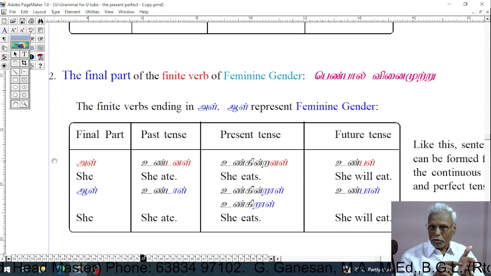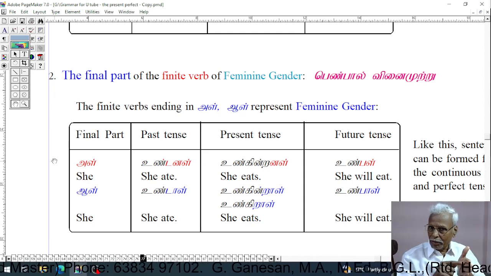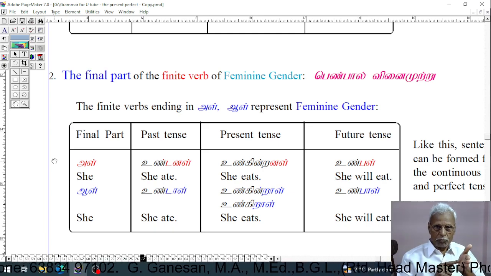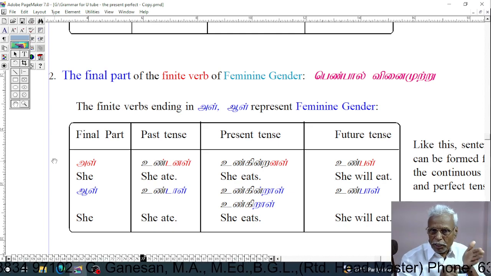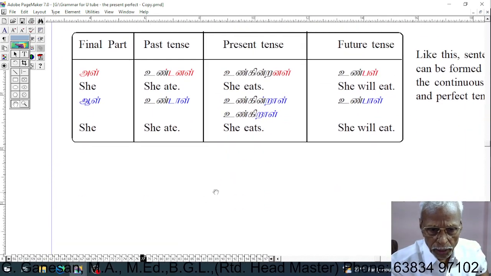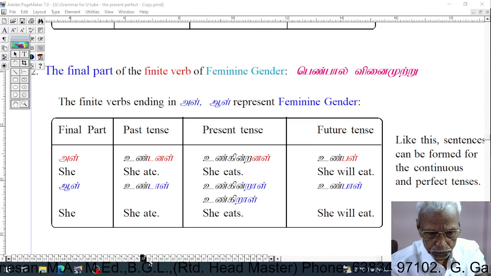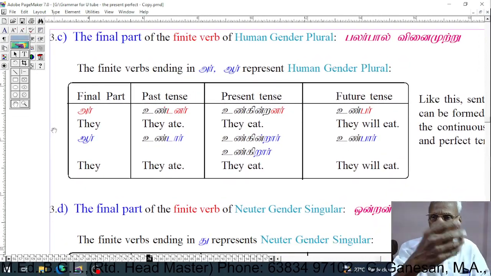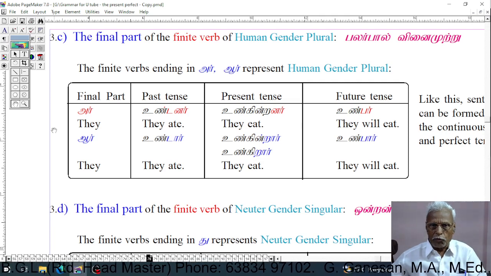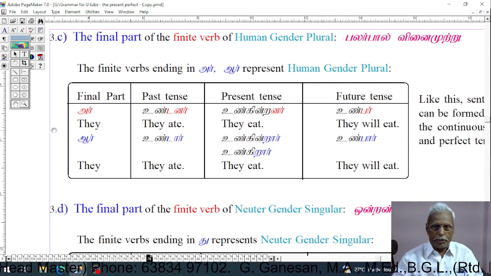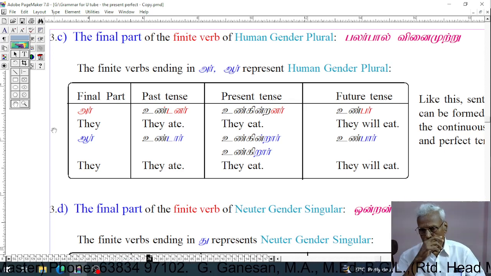For male, the final part of the verb should end in on. For female, the verb should end in al. And then for human gender plural, the final part of the finite verb of human gender plural should end in ar.